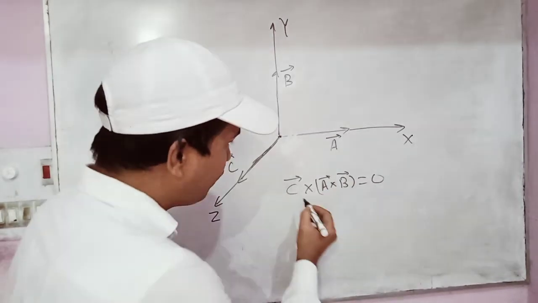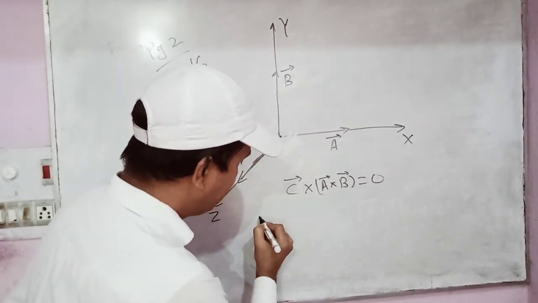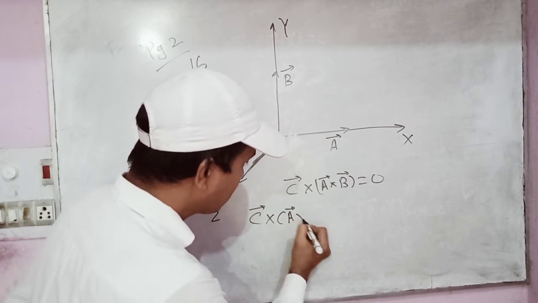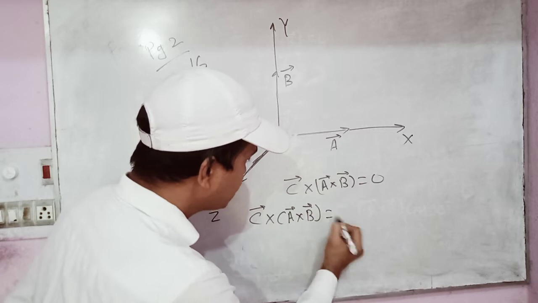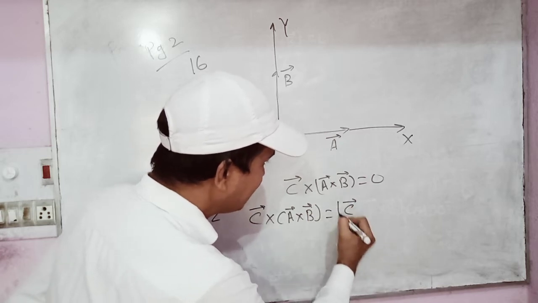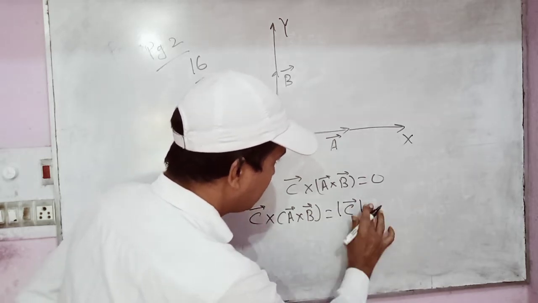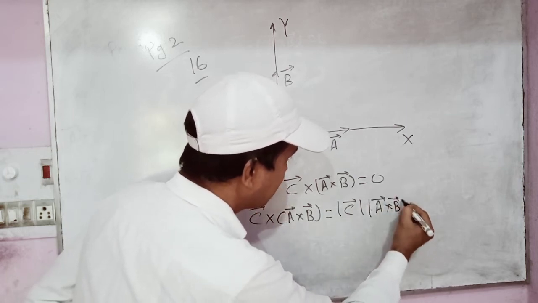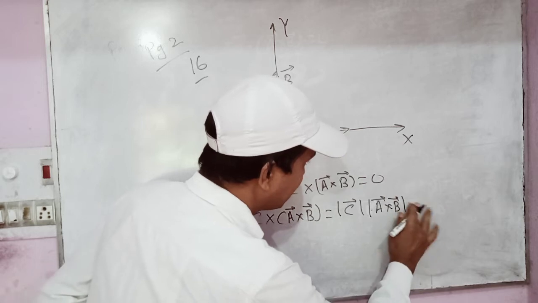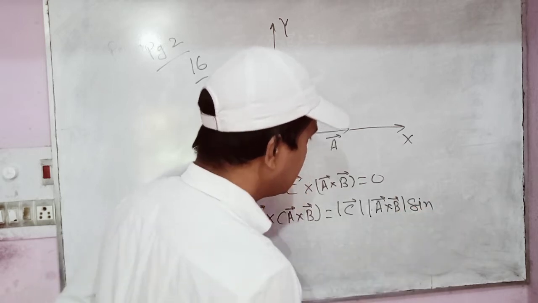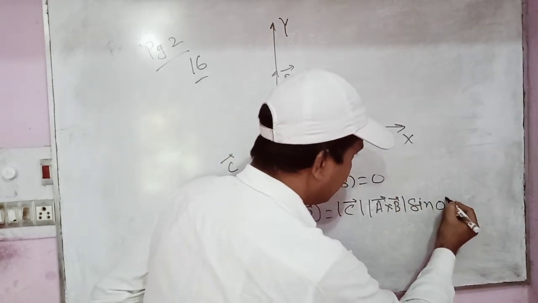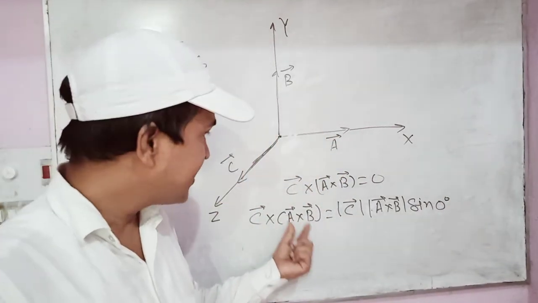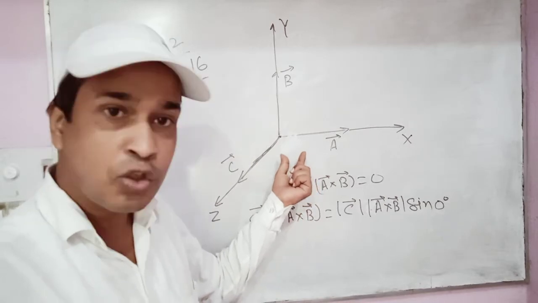So the magnitude of C dot (A cross B) is equal to magnitude of vector C into magnitude of vector A cross B and cos 0 degrees, because the direction of vector C and vector A cross B is the same, as I have just shown you.